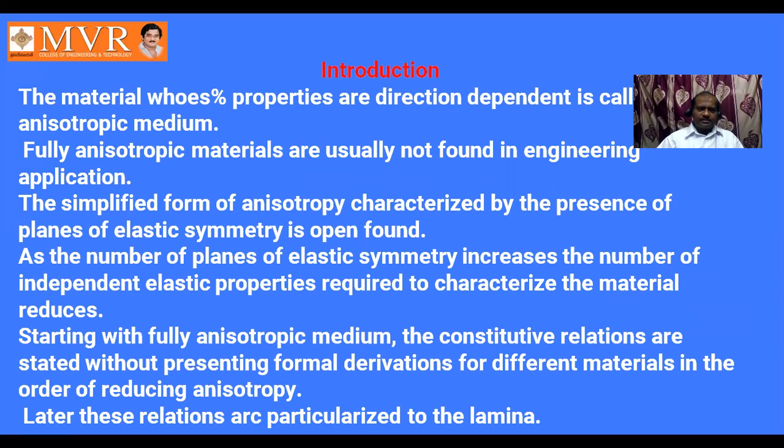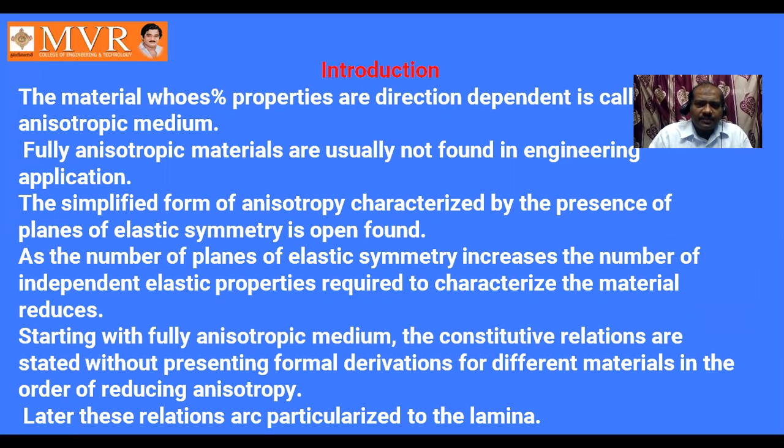If you observe this, a material is going to behave in different directions based upon the medium that is present. It means a material exists in one medium, and that medium has one type of orientation.